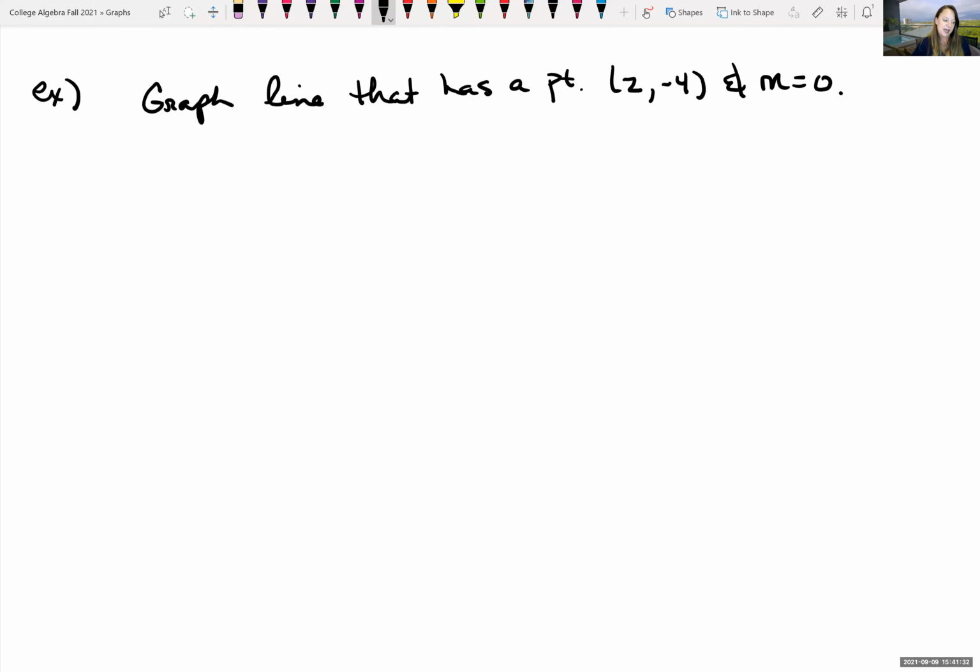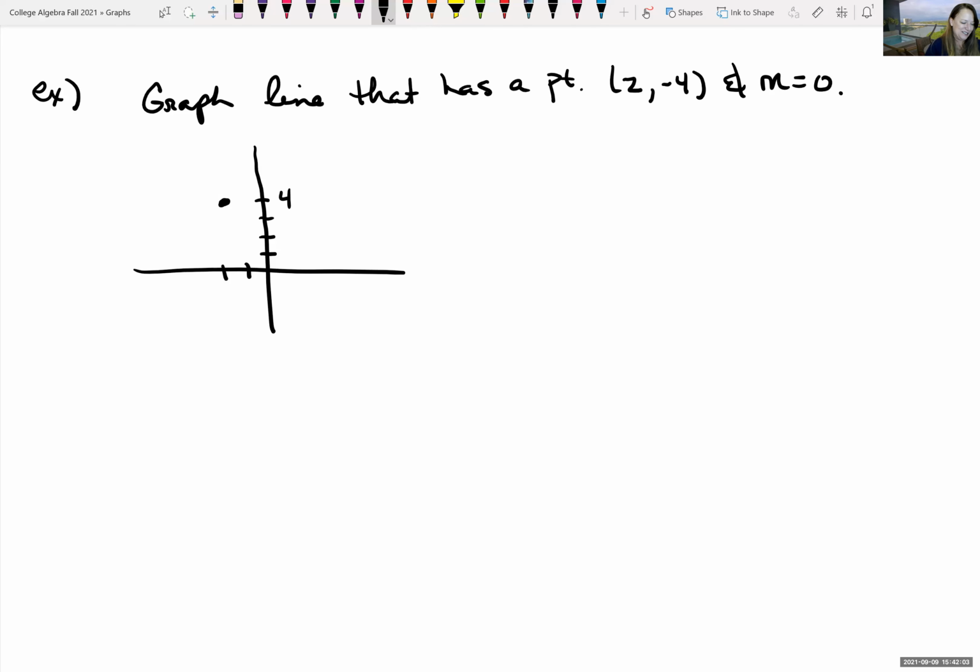So we're looking at graphing the line that has a point (2, -4) and a slope of 0. So a slope of 0 again tells me that my y value is the same and my line is horizontal. So I would plot my point that it gave me, in this case, (2, -4). So to the left 2 and up 4. Oops.